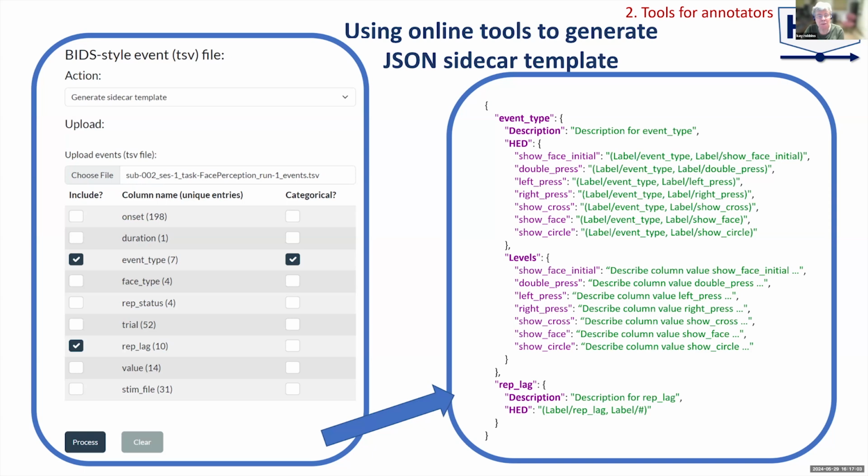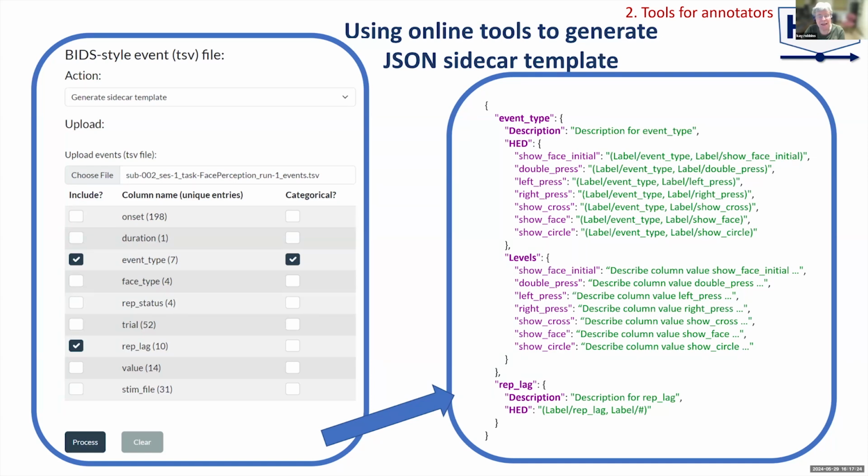Now, the rep leg example was one that we were going to annotate by value, because it was checked here on the left as being one to include, but it wasn't a categorical column. And here you'll see the form for the template annotation.